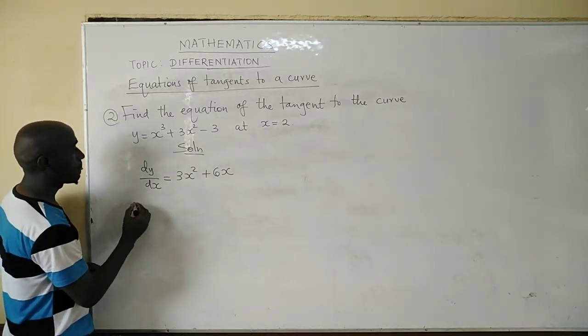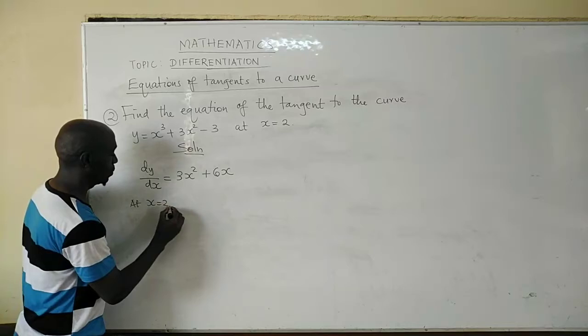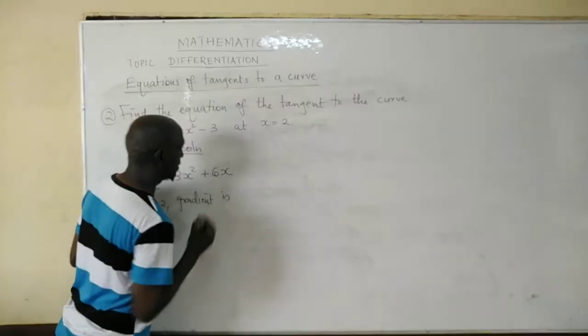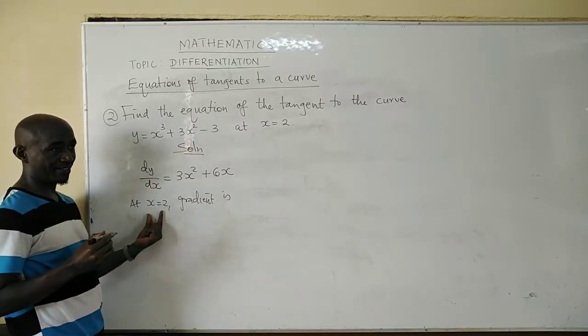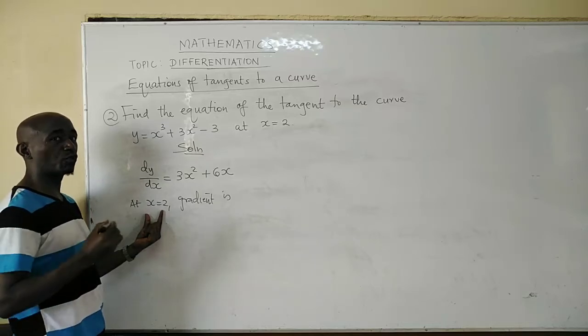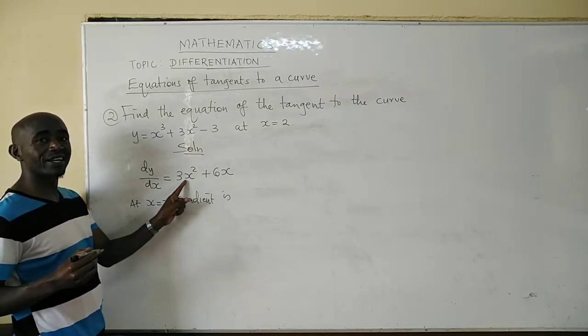So at x is equal to 2, the gradient of the curve is, we have been given the value of x already. That point on the curve where x is equal to 2, what is the gradient of the curve? So x is 2. You just replace x with 2.